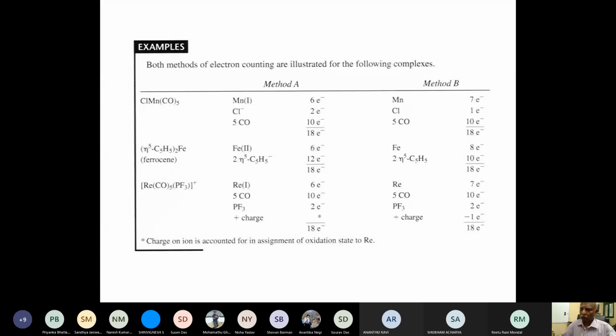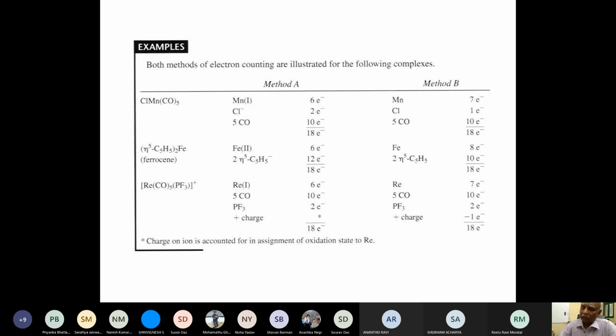Okay, so in the remaining few minutes, I will just show you three examples where we have done electron counting in the two different methods, and then Friday I will deal with problem ligands.